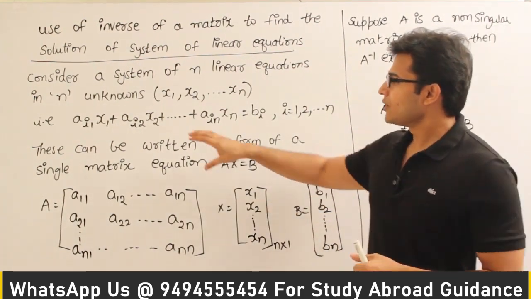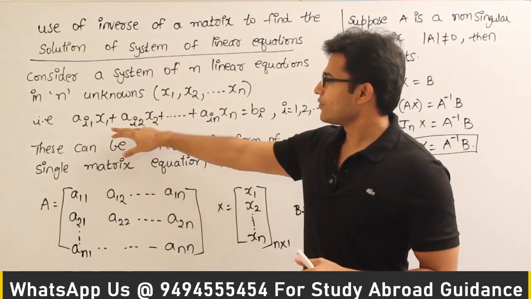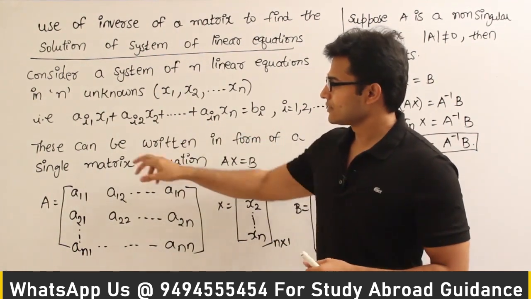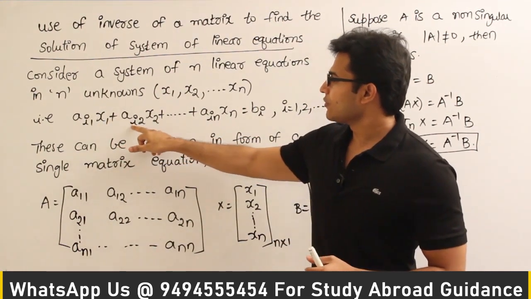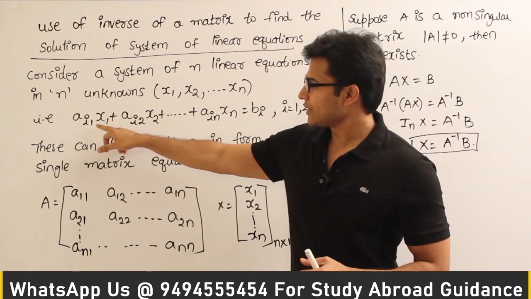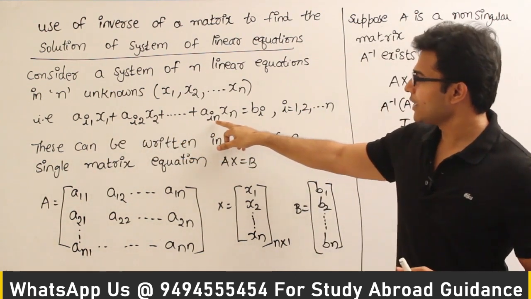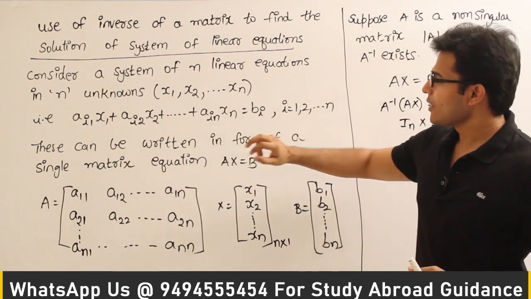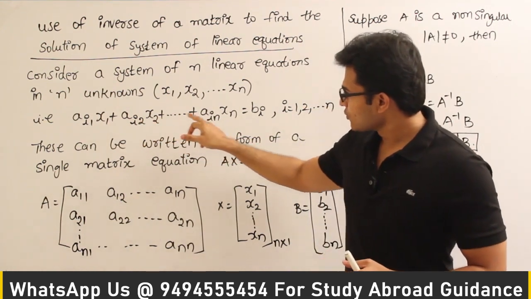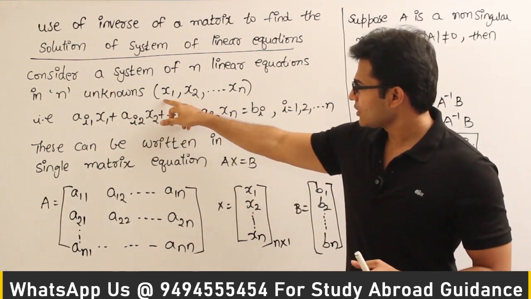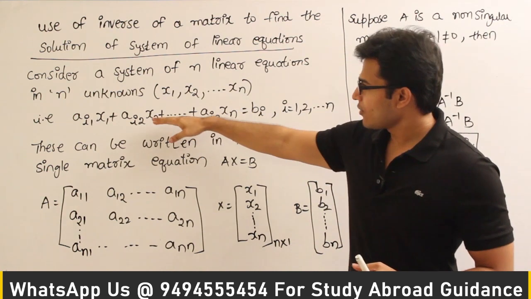Let's say we have n linear equations of the form ai1 x1 + ai2 x2 + ... + ain xn = bi, where x1, x2, ..., xn are the n variables, and we have n equations.